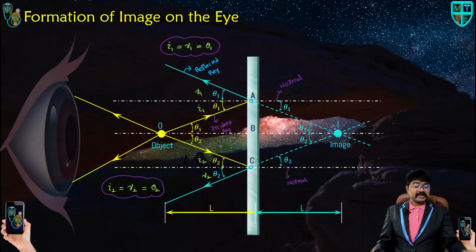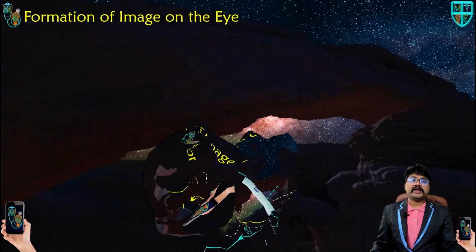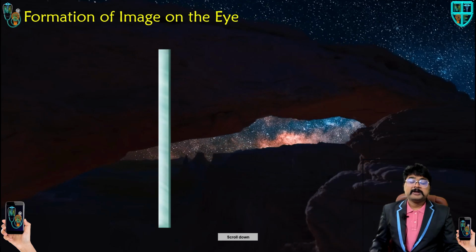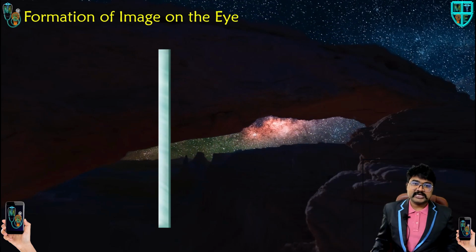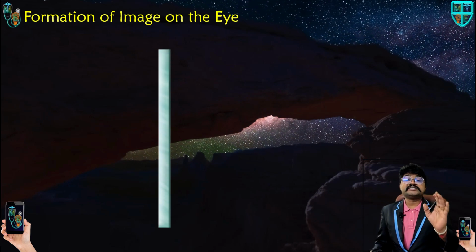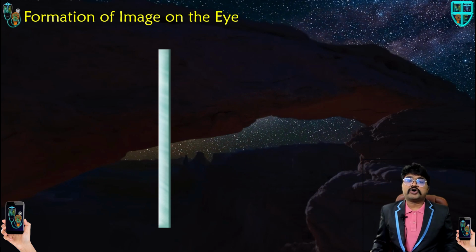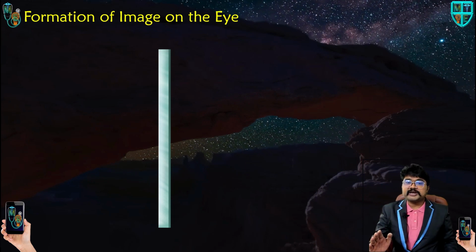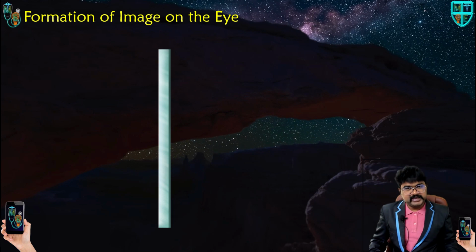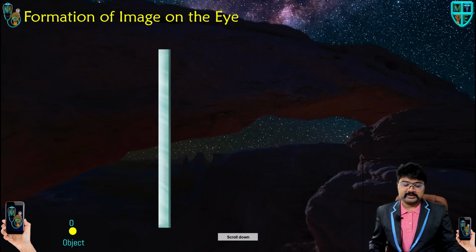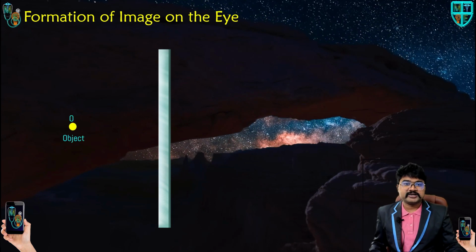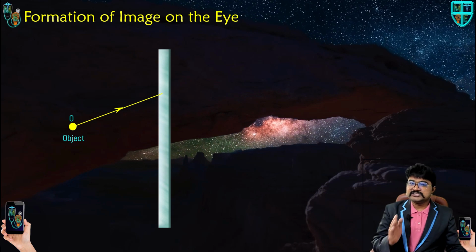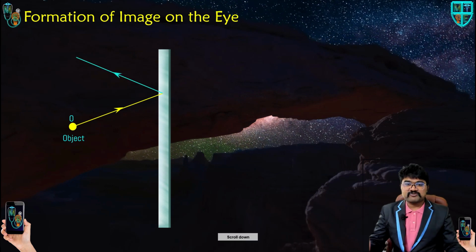Okay. Next, we'll be proving it. Here we already know that the plane mirror is the perpendicular bisector of the line joining point object and point image. That we need to prove. It's very simple. There is an object. An incident ray is coming, incident on the mirror, and it is reflected.